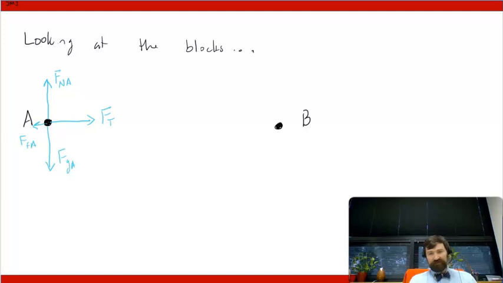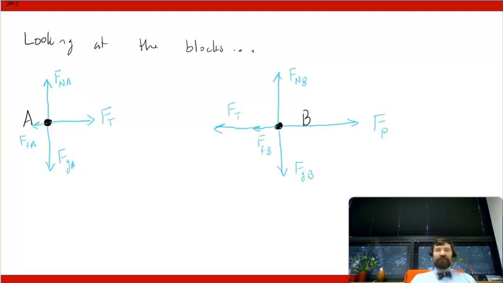So we have a pull force, Fp. We have a normal force, Fn on B. We have gravity, Fg on B. And then we have, again, some friction on B. And we have the force of tension also on B.